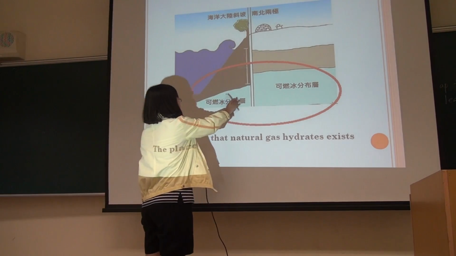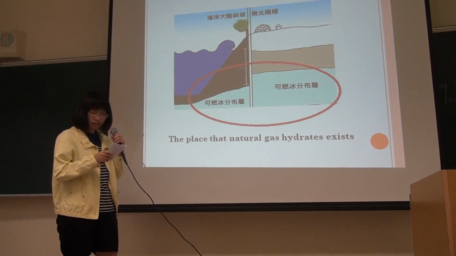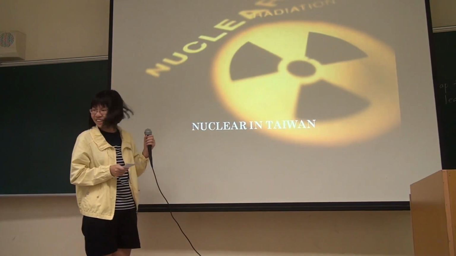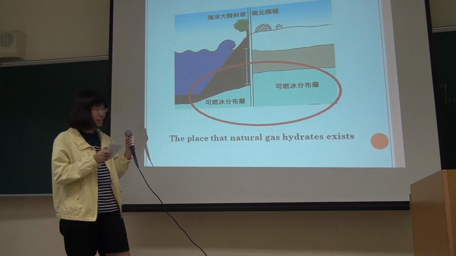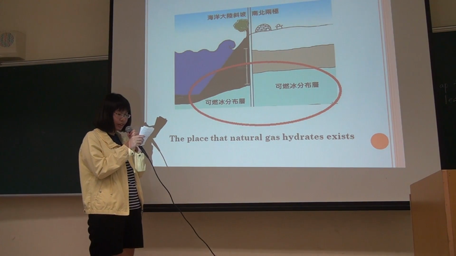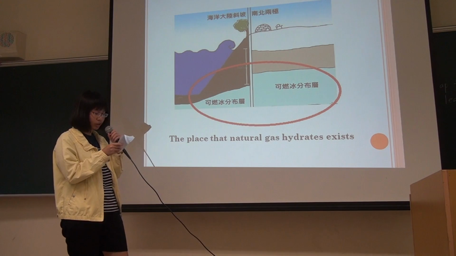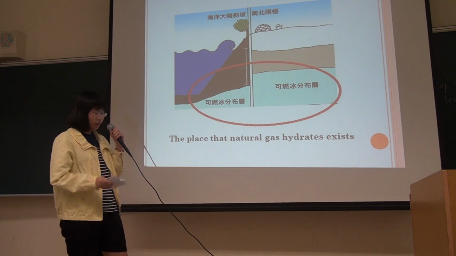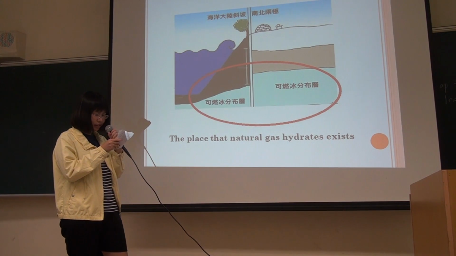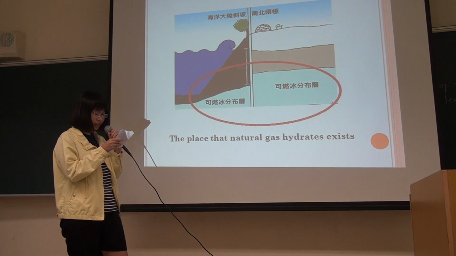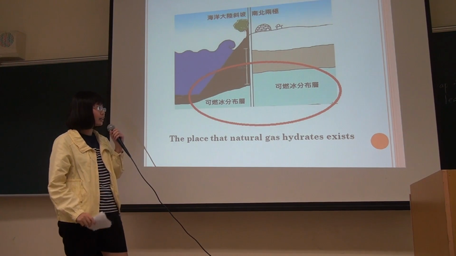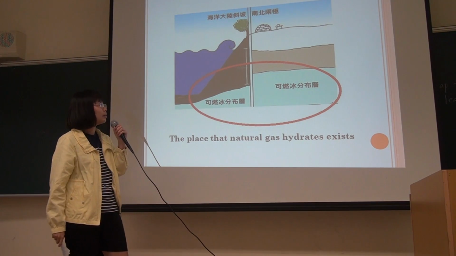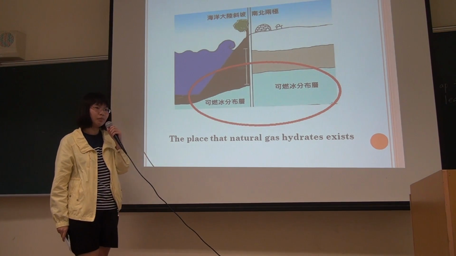And this is the test that it exists. It can be burned directly with less pollution, but it is hard to exploit. If it suffers destruction, it may cause serious disasters like tsunamis and sea bottom landslides and make the greenhouse effect more serious.